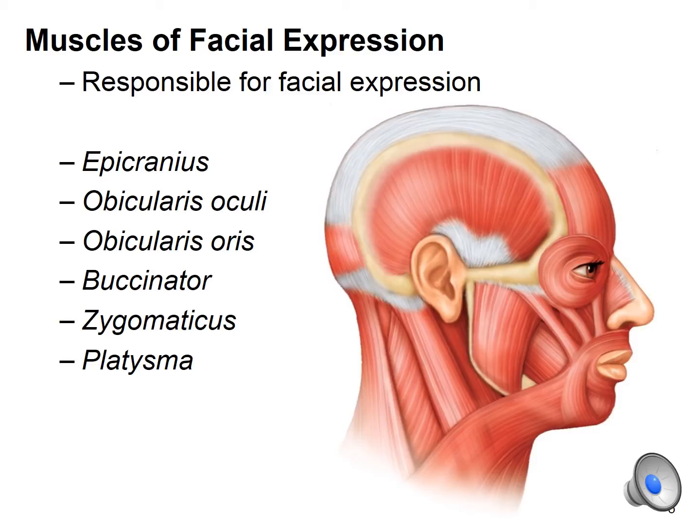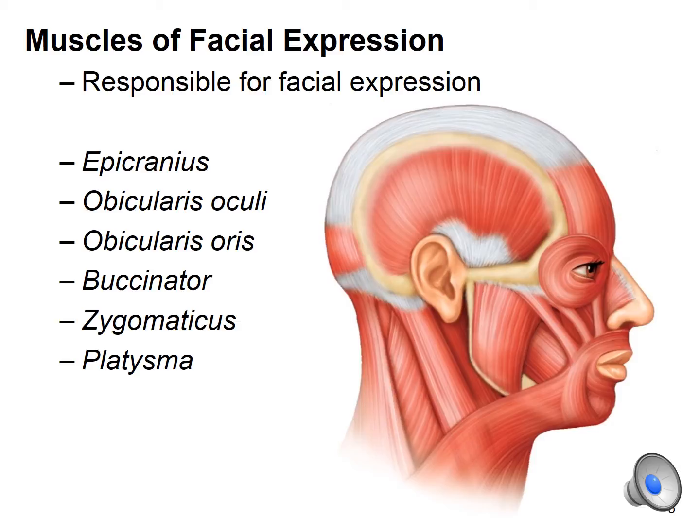But in terms of the ones that I want you to focus on, two of them are in the next slide. So in this slide, I want you to focus on the epicranius, which is actually made up of two muscles, and one of them is the frontalis muscle.